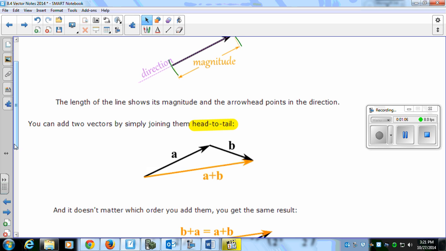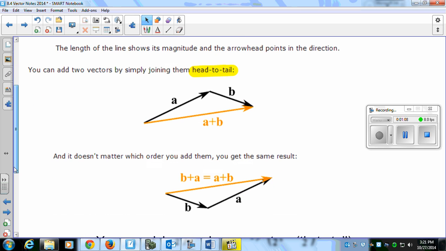When adding two vectors, you can just simply do it by joining them head to tail. The head is where the arrow is pointed and the tail is at the end. So if I want to do vector A plus vector B, I line them up tip to tail, and the resulting vector is just the vector AB going from those two points.